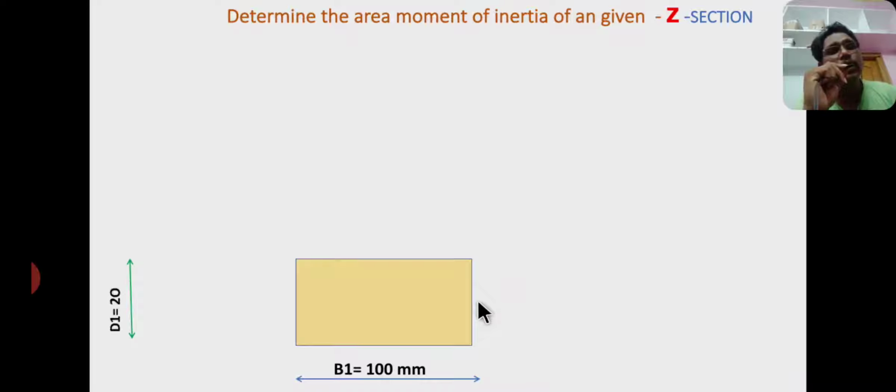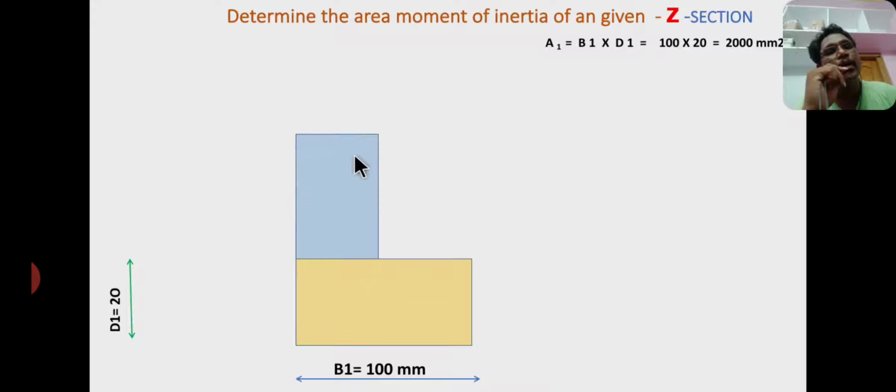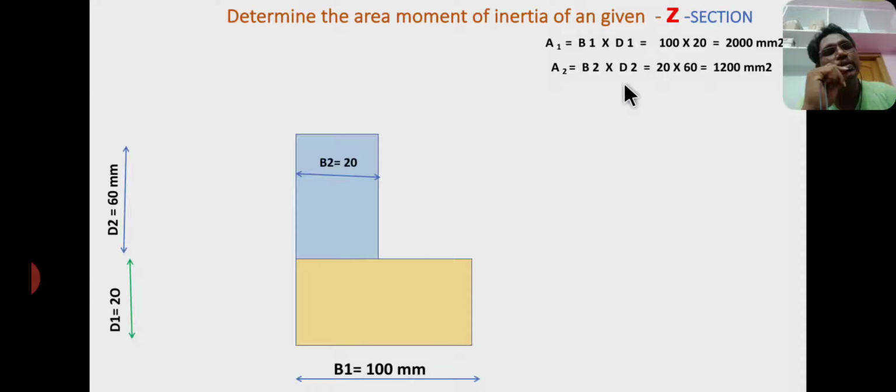Now the area of a bottom rectangle A1 equal to base into depth, that is 100 by 20 is the area of a bottom rectangle, that is A1 equal to 2000 mm square. And A2 is the area of a second rectangle, A2 equal to base into depth, that is base equal to 20 and height equal to 60, that is 20 by 60. Area 2 equal to 20 by 60 equal to 1200 mm square.